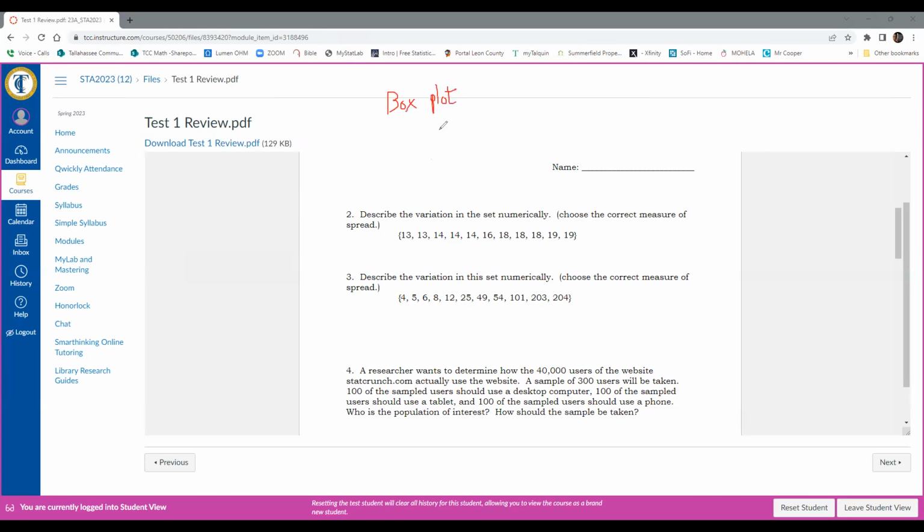That's one way, and I can use other ways too. We first find the minimum, which will be 13. The maximum would be 19. And then we find Q1.